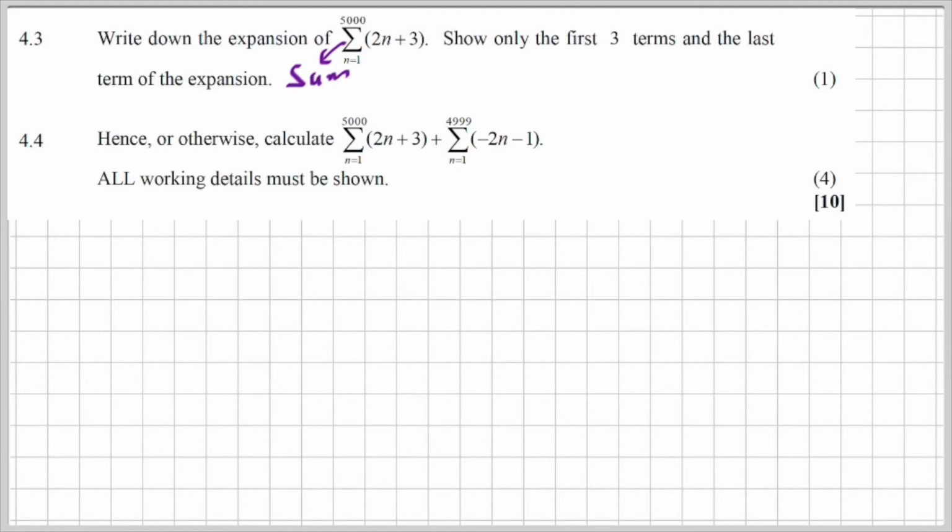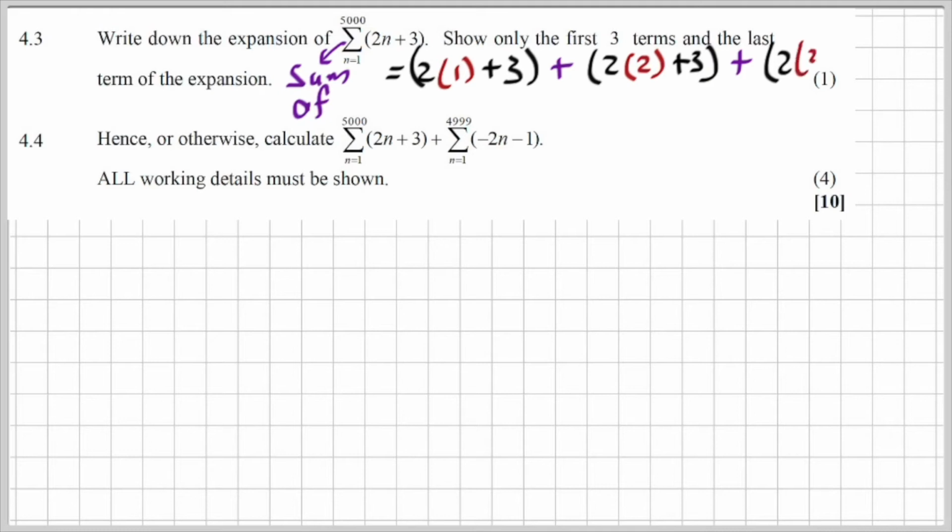So when I look at sigma, I replace n with 1 first of all, then replacing n with 2, and replacing n with 3, all the way up to replacing n with 5,000. Why do I stop at 5,000? Because again, that's my last term.